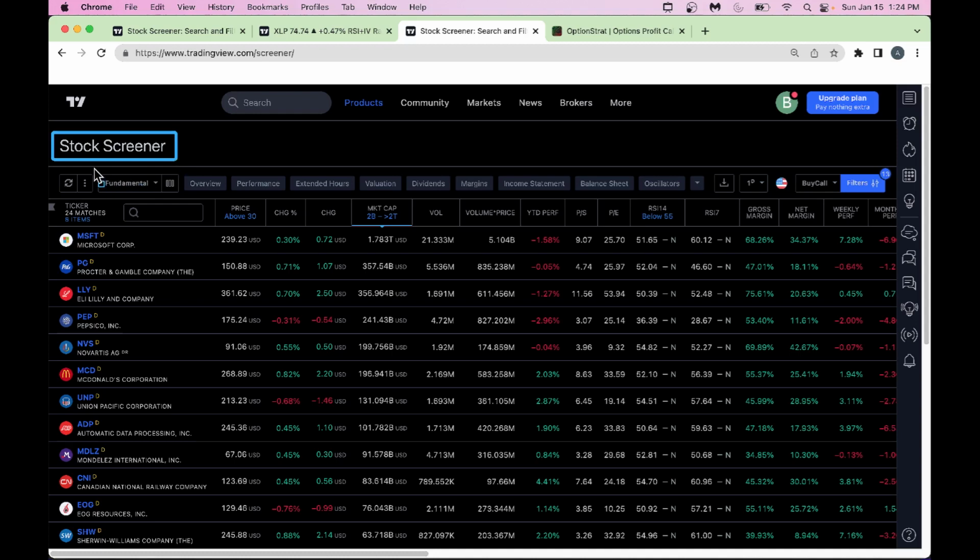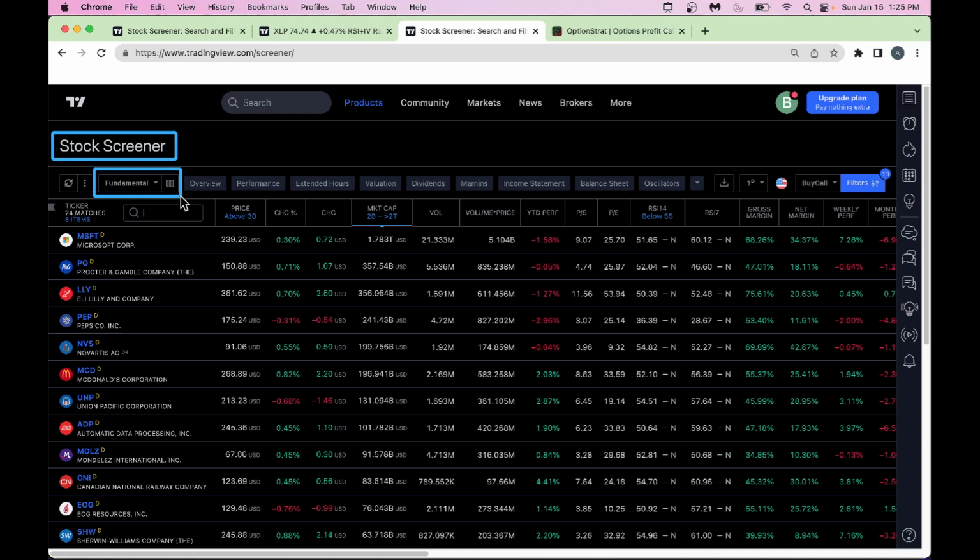There are various layouts you can create. Right now I have created a layout called fundamental, and I got a bunch of layouts. It's very important to create your own layout, because there is a lot of information available, you don't want to be scrambling around.